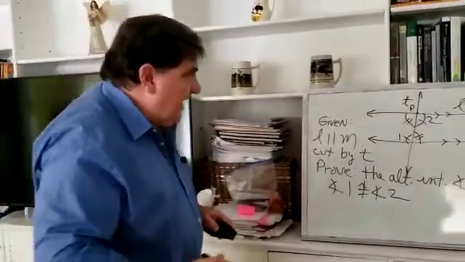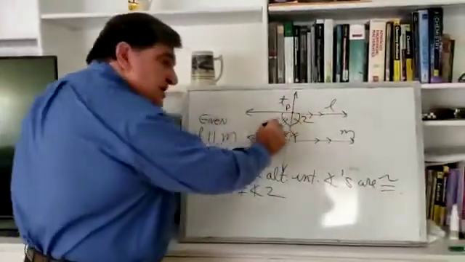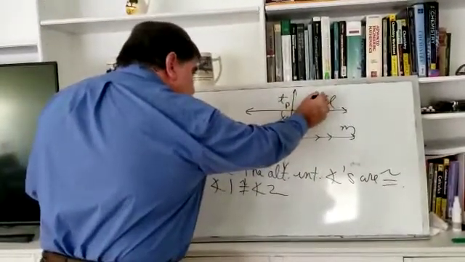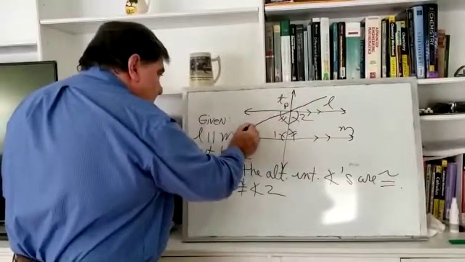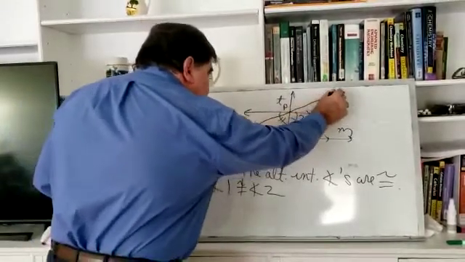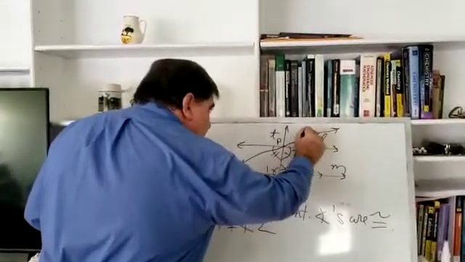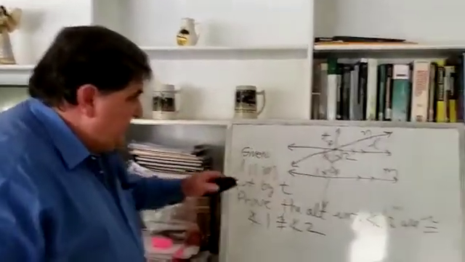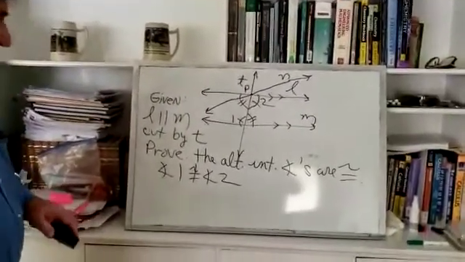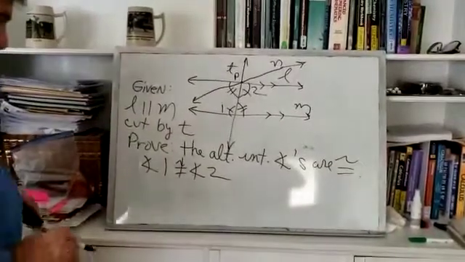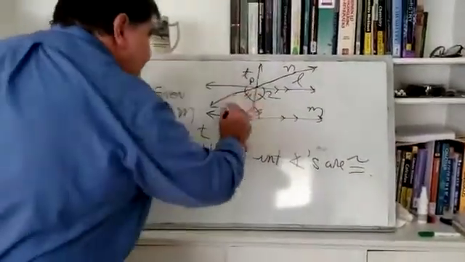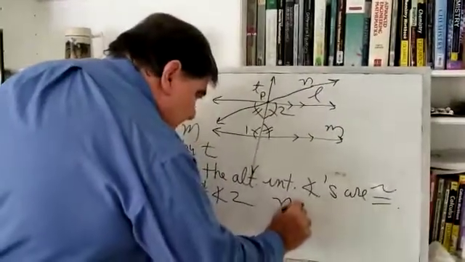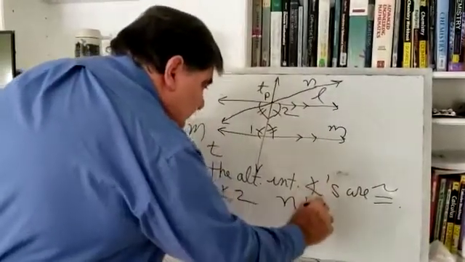And we're going to add another line intersecting P. We'll call this line N. And we're going to assume that line N is parallel to line M.